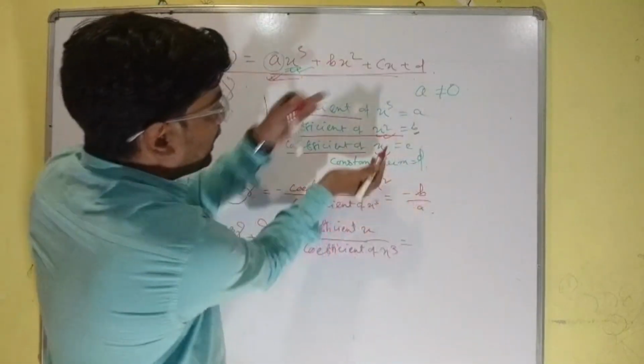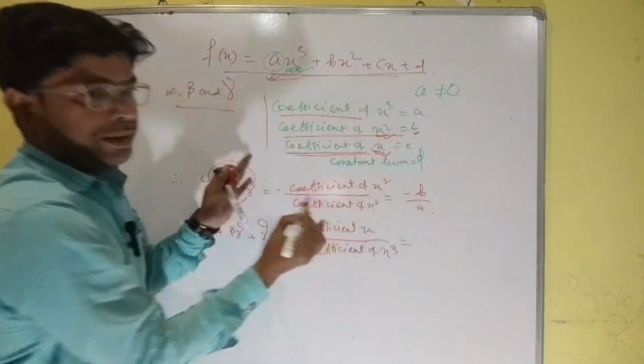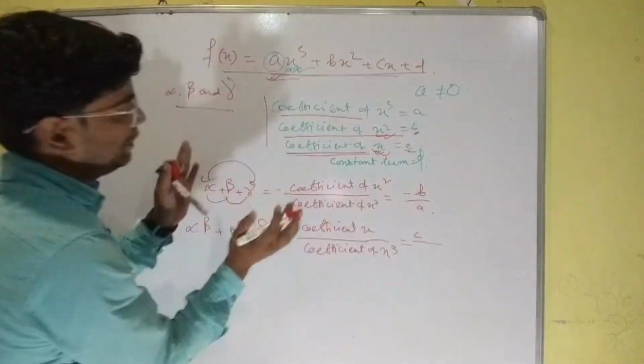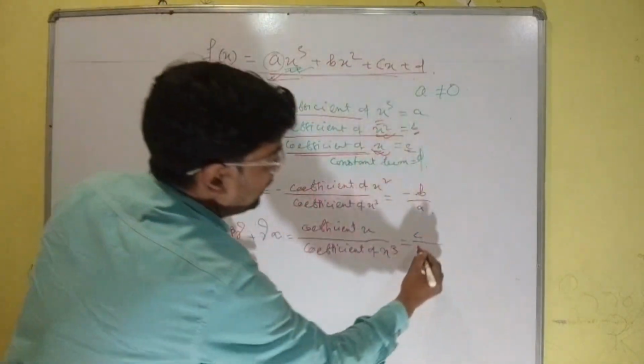That is, the coefficient of x is here c, divided by the coefficient of x cube, which is a.